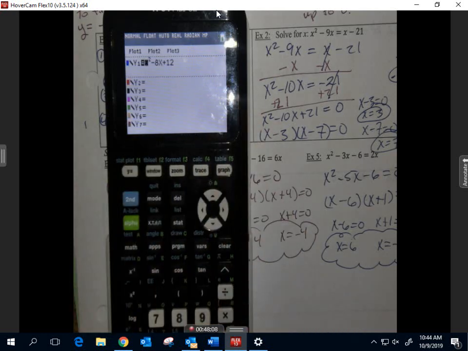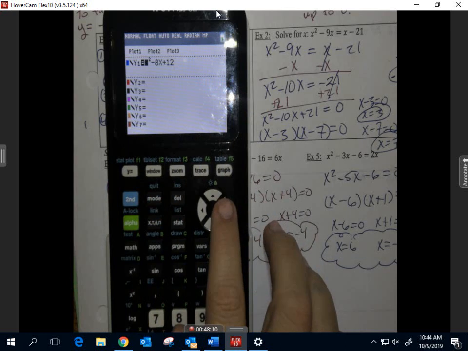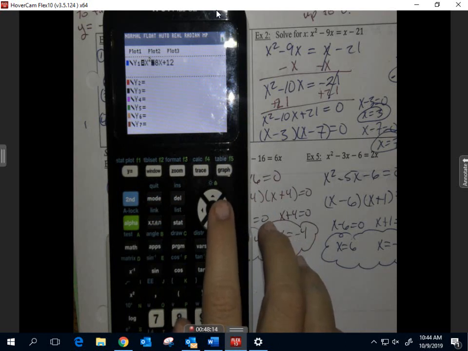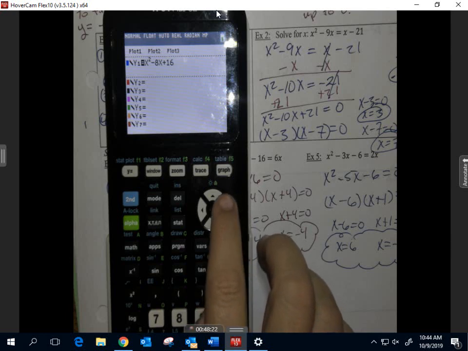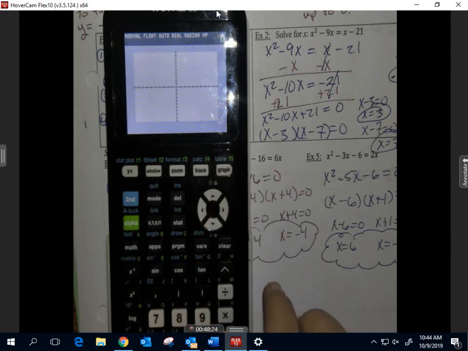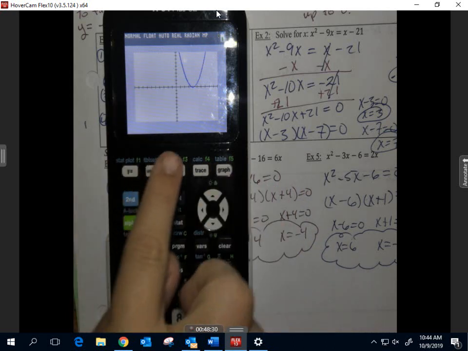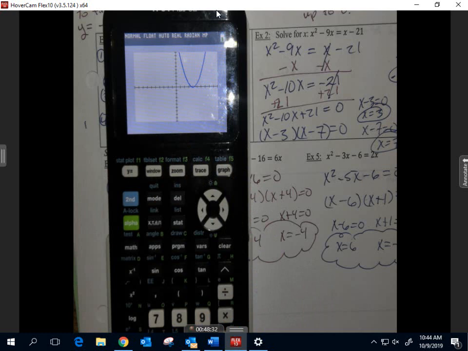So if I do x squared minus 8, I think it's plus 16. Let me see graph. Look, I did it right, oh wow. How many times is that graph hitting the x-axis? So this one only has one solution.